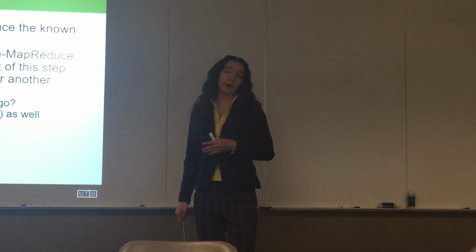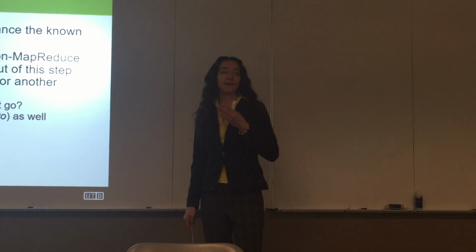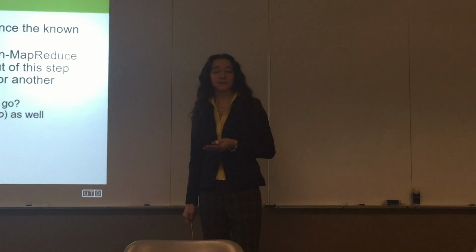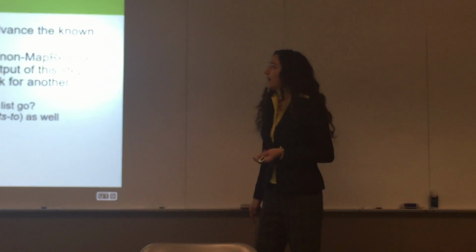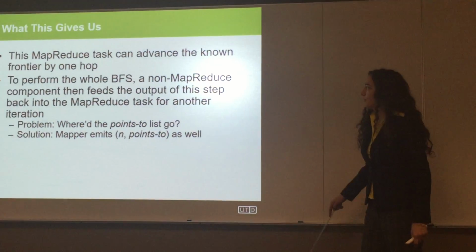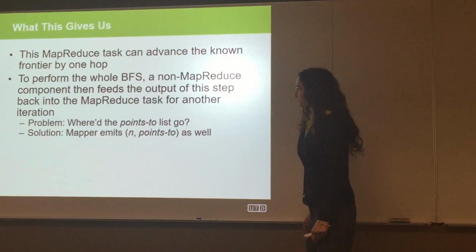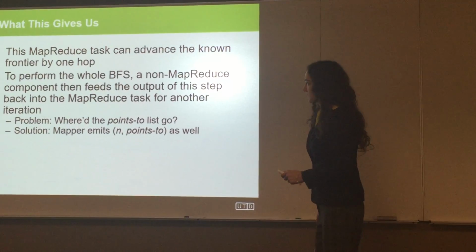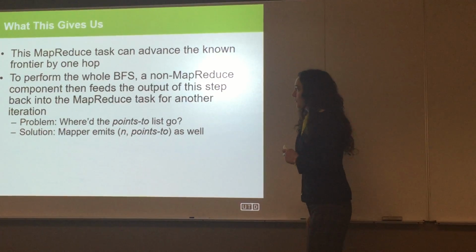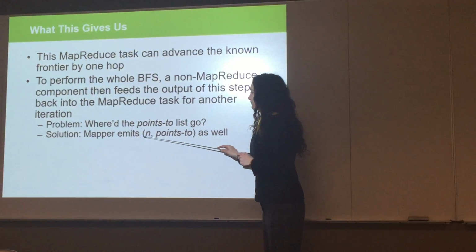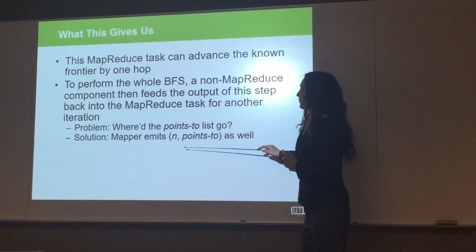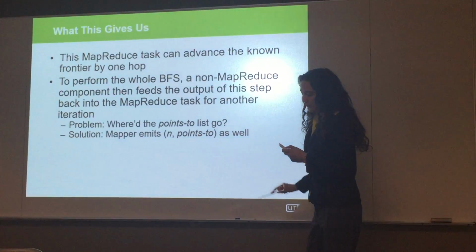It's going to choose one, the closest one, and then we go to that node until we reach the destination. Every time we get to choose another one, we have an iteration for the MapReduce task until we reach the destination. So the mapper will emit a list of points and the nodes that we are trying to reach.